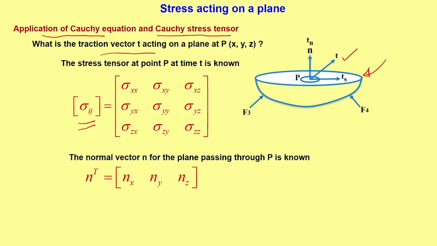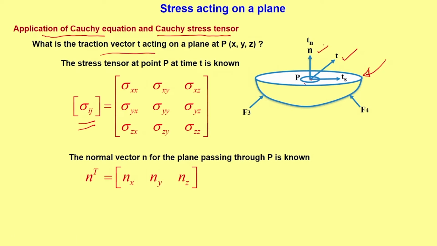The normal vector for the plane passing through point P is known. Now, this is very important, because any plane is always identified by its normal. So, for a given plane which is the tangent plane at point P, the normal corresponding to that particular small elementary plane gives the normal n.